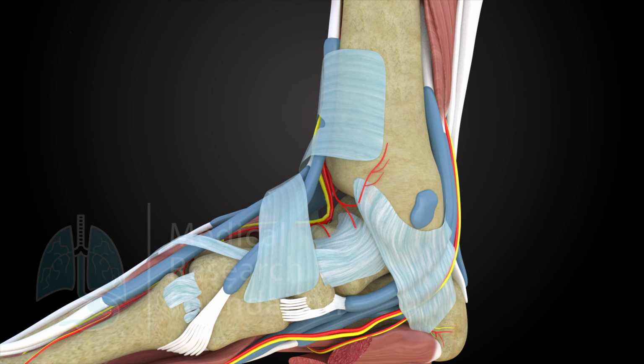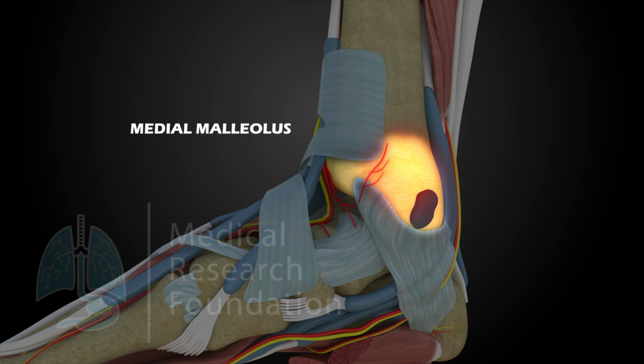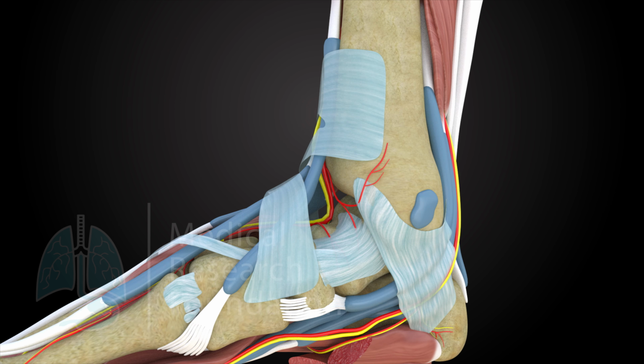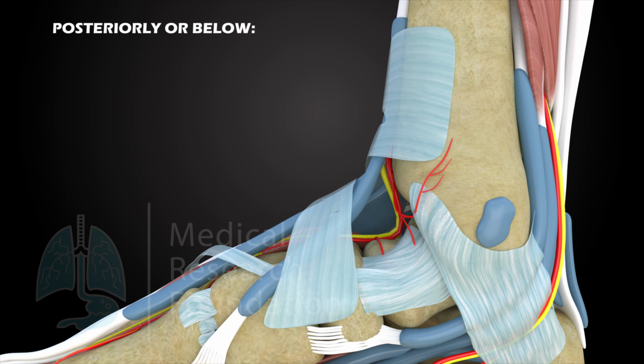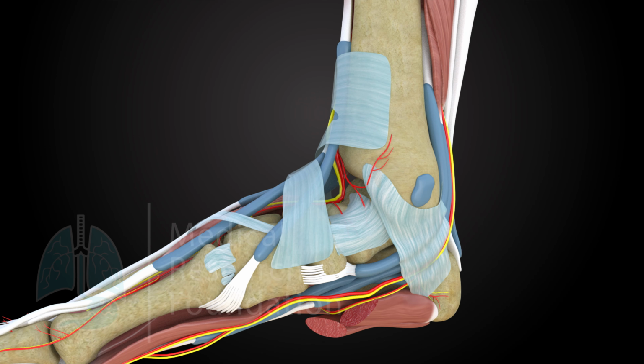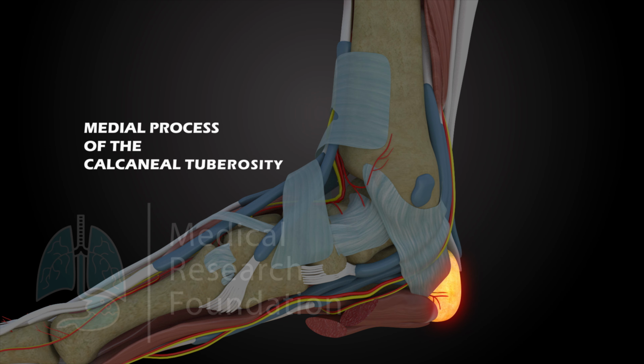Attachments. Anteriorly or above, it is attached to the posterior border and tip of the medial malleolus. Posteriorly or below, it is attached to the medial process of the calcaneal tuberosity.